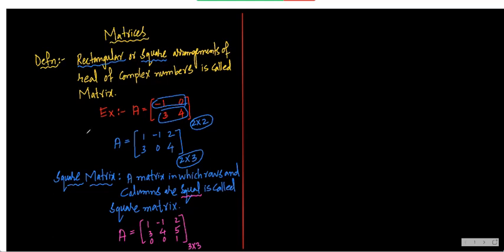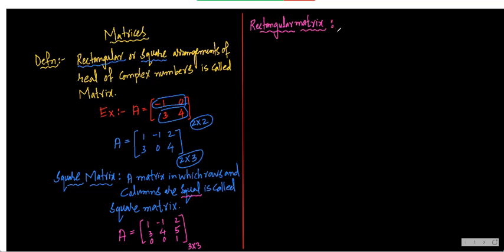Now second definition, rectangular matrix. What should the definition be? Can you tell me what definition is possible? A matrix in which rows and columns are not equal. Excellent, excellent.